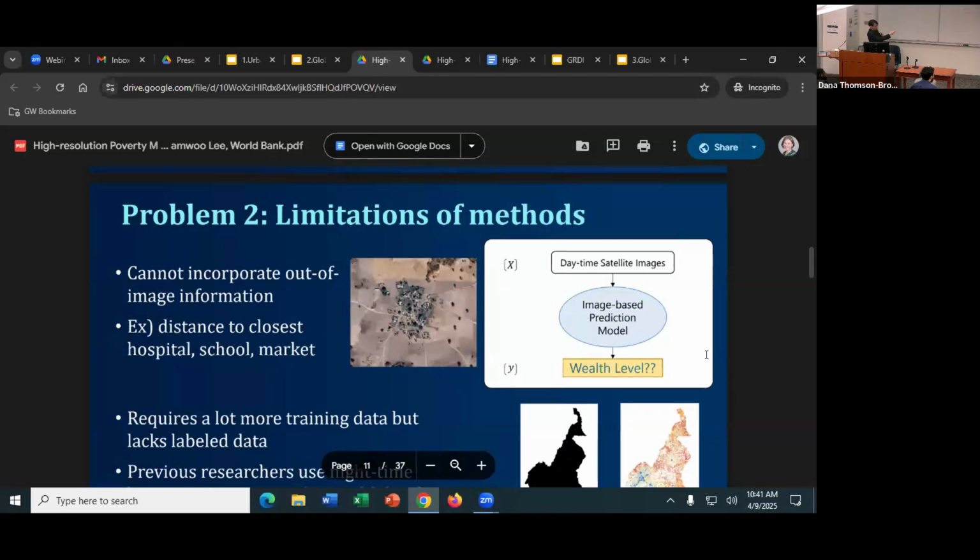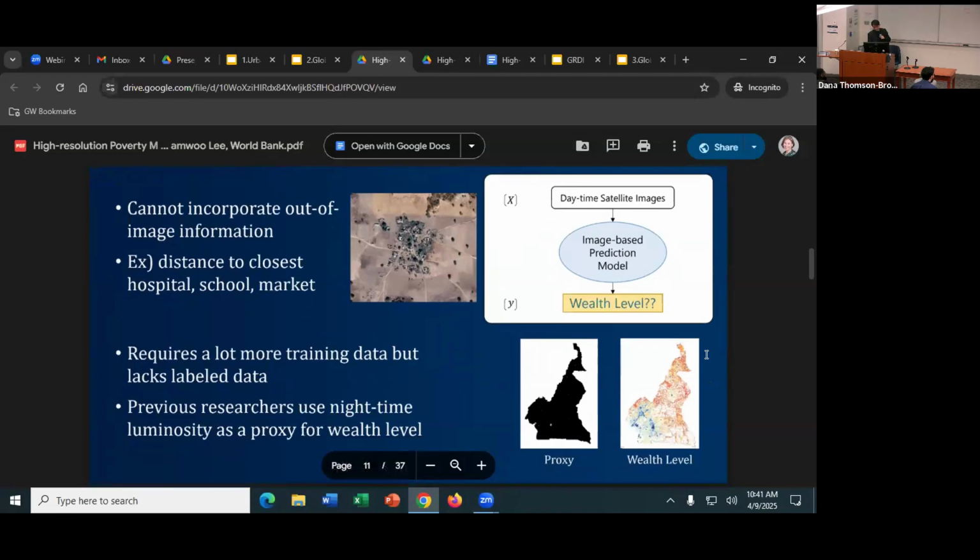Look at the right bottom picture. It's Cameroon. It's the mean nighttime luminosity within 1 square mile. 90% of the nighttime luminosity is 0. 90% 0, so it's not a very good proxy, I think.